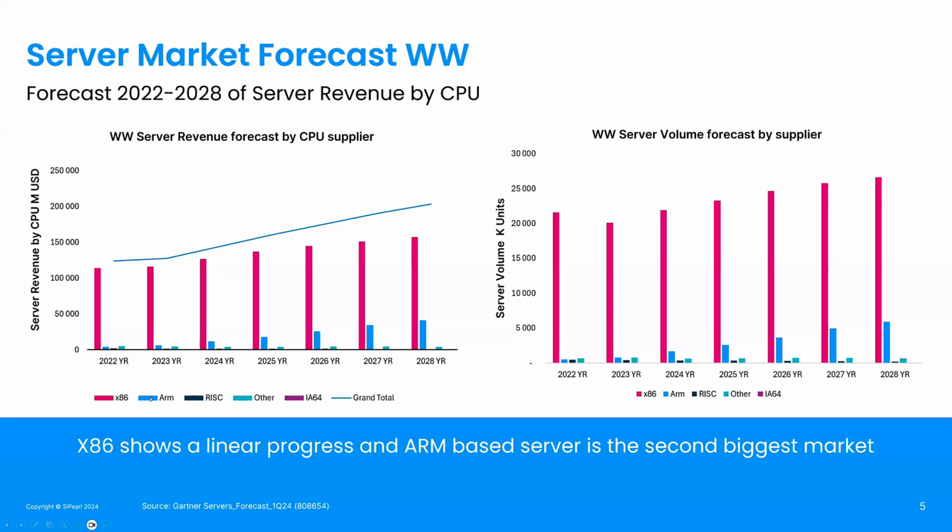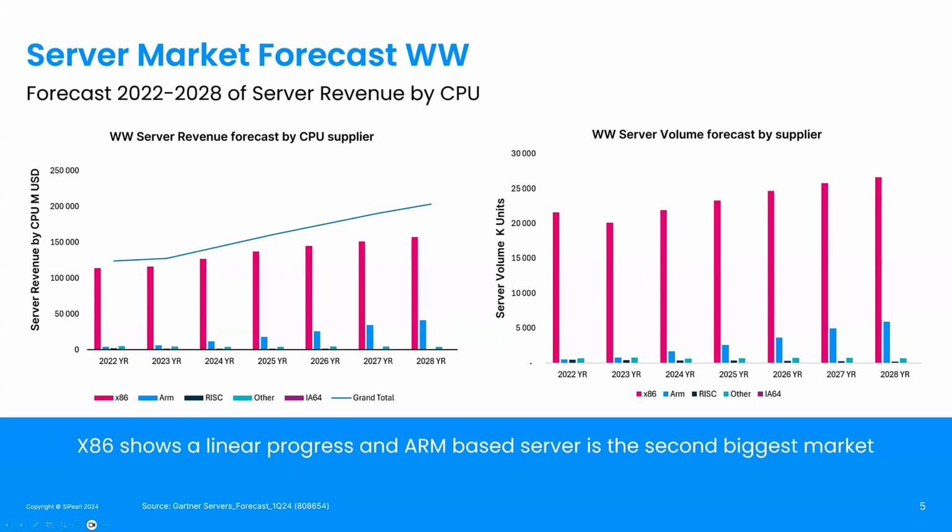But not only that, in blue, we have ARM, starting from 2022 that wasn't that big, I would say. It represents probably 10% more or less of x86 revenue. In 2028, the forecast is that ARM will represent probably 20-25% of the server revenue compared to x86.